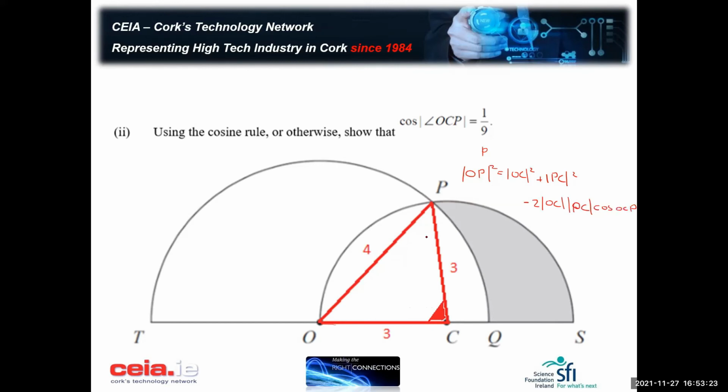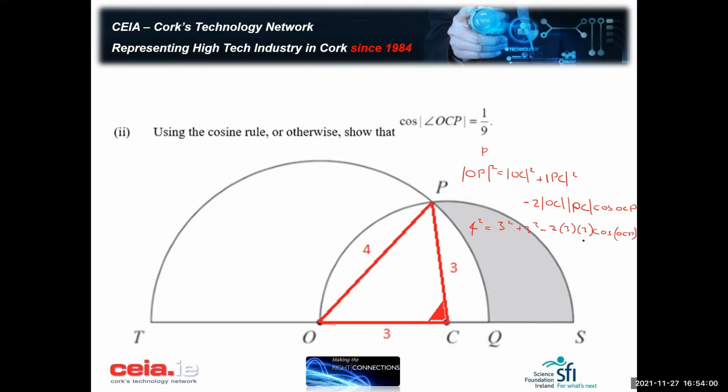Just to go through that again, this is just the cosine rule. OP squared equals the sum of the other two sides squared, so that's OC squared plus PC squared, minus twice those 2 sides by the cosine of the angle in between them. So OP squared, which is 4 squared, equals 3 squared plus 3 squared minus 2 by 3 by 3 by the cosine of OCP.